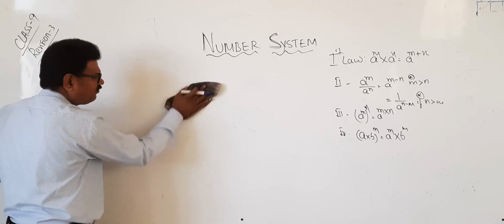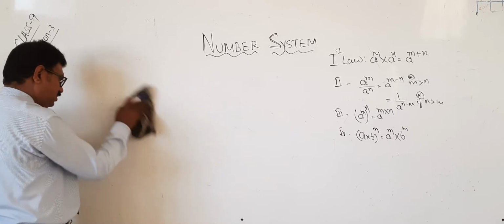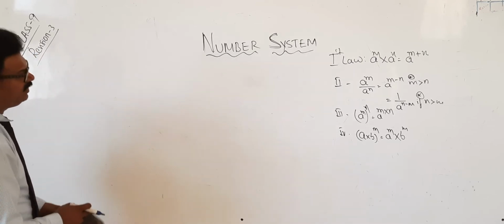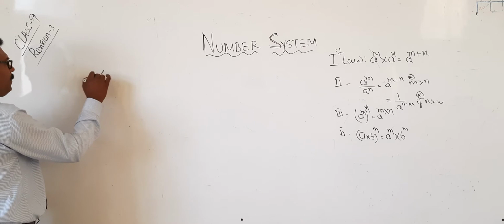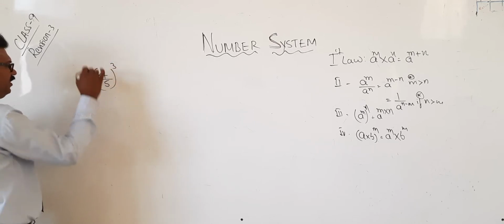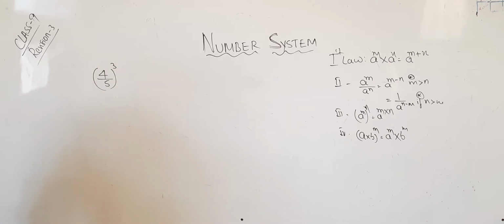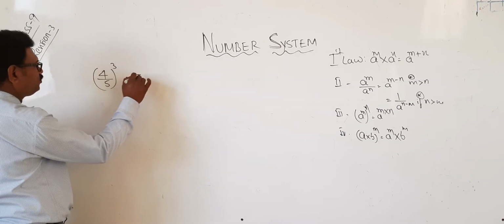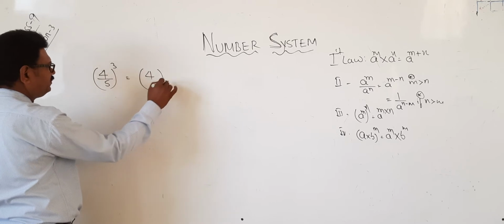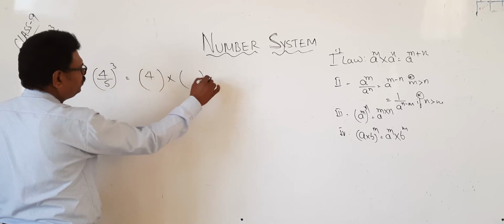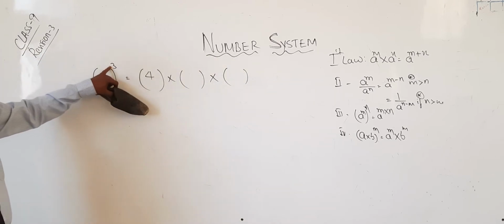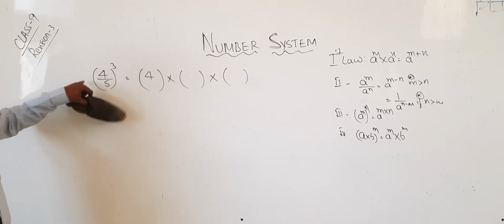Please understand them very clearly, because if you know the concept, then only you can solve the problems. Next one. (4 by 5) whole to the power of 3 is equal to 4 by 5 into 4 by 5 into 4 by 5. Because the power is 3, we have to write this box 3 times.